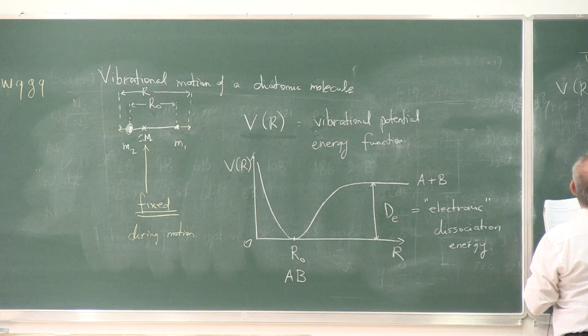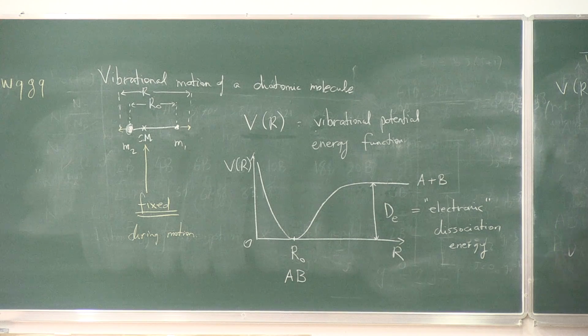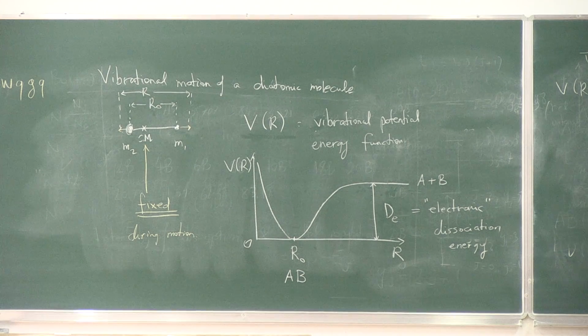We have the first derivative evaluated at R0 times R minus R0, plus 1 over 2 second derivative evaluated at R0 times R minus R0 squared, plus 1 over 6 times third derivative calculated at R0 times R minus R0 cubed. It continues like that. This is the standard Taylor series expression.